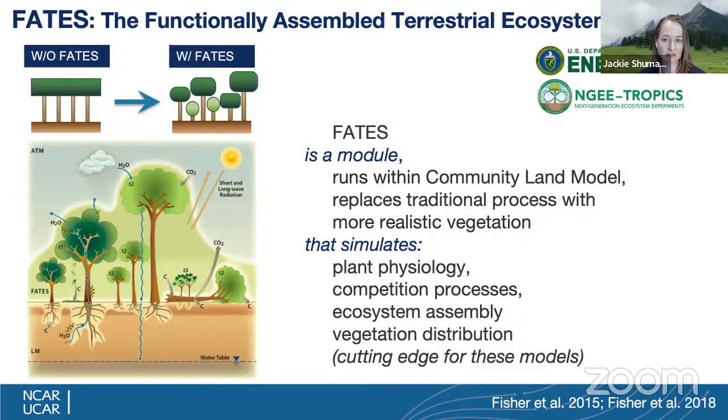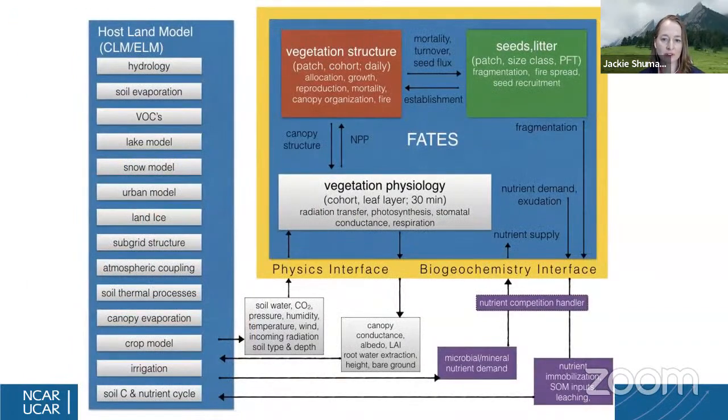It's a module that functions within the community land model, and it replaces the traditional big leaf pooled vegetation with more realistic vegetation. This allows us to get plant physiology, competition, dynamic assembly, and vegetation distribution, which is still cutting edge for these types of models. Within FATES, the FATES portion handles everything in this yellow box.